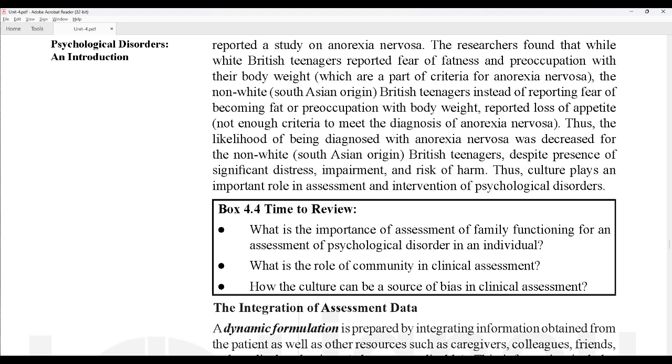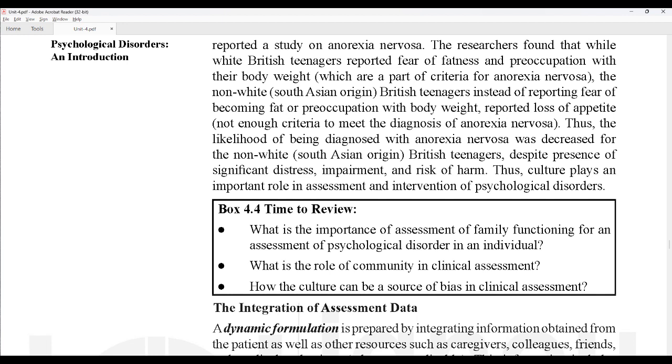The researchers found that while white British teenagers reported fear of fatness and preoccupation with their body weight, which are a part of criteria for anorexia nervosa, the non-white, South Asian origin, British teenagers, instead of reporting fear of becoming fat or preoccupation with body weight, reported loss of appetite, not enough criteria to meet the diagnosis of anorexia nervosa.